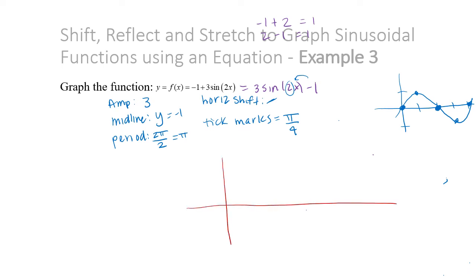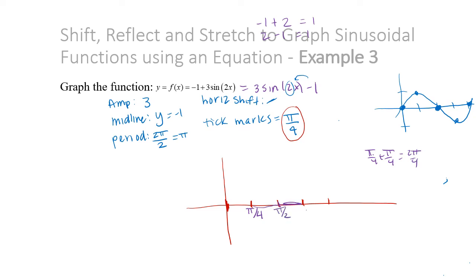So when I go to set this up, there's no horizontal shift, so I'm going to start here. That's my first tick mark at 0. So 1, 2, 3, 4, 5. The distance between each midpoint is pi over 4. So from 0 plus pi over 4 is pi over 4. Add another pi over 4. So pi over 4 plus pi over 4 gives me 2 pi over 4, which is pi over 2.